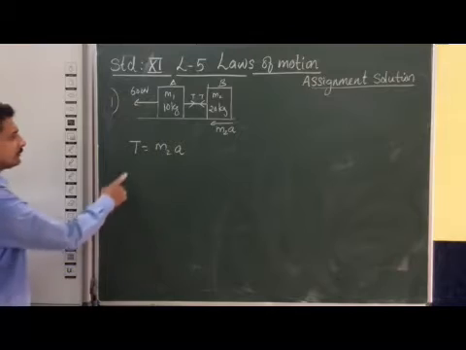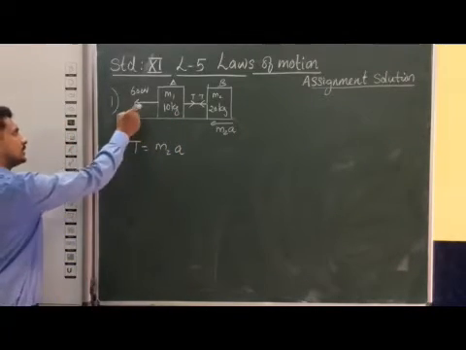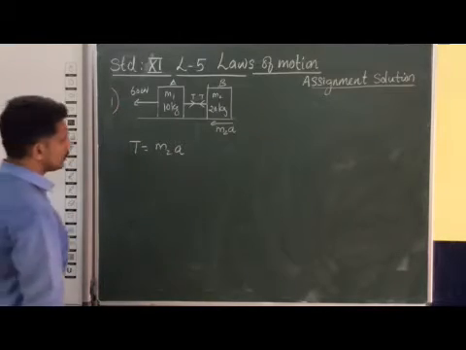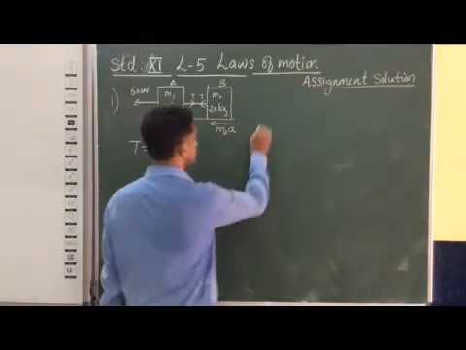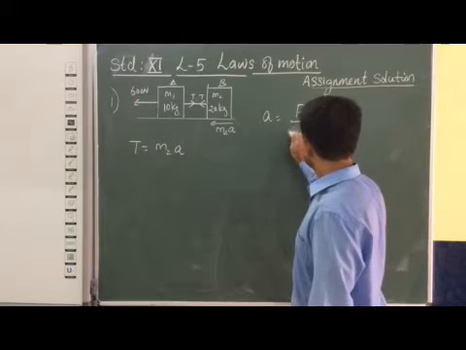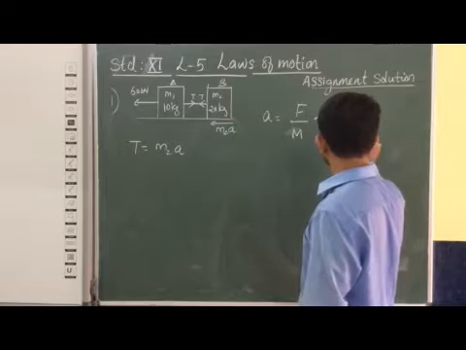So from this we can find the value of the tension acting when the force is exerted on this side A. So in this situation, first we have to find the acceleration. Acceleration A is equal to F by M. That means F divided by M1 plus M2.